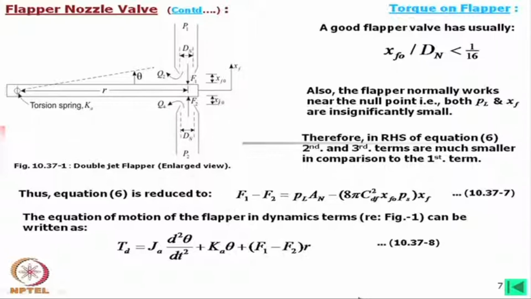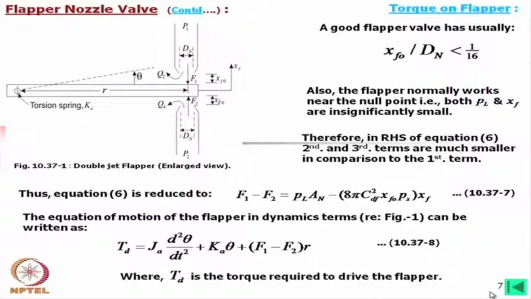Now, here I would say that this flapper may also deflect. Okay. While we are calculating this torque, we do not care about that, but while we are really calculating with the motion of theta and we are trying to relate x f 0, we have to be careful about that.